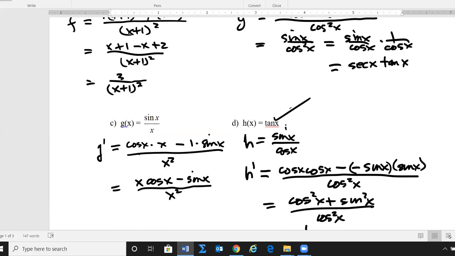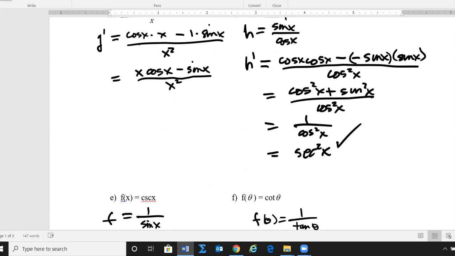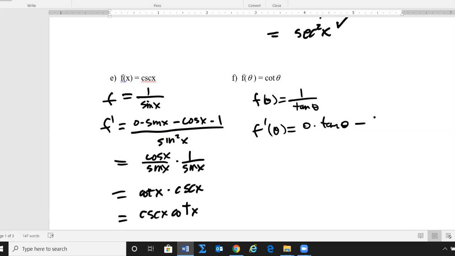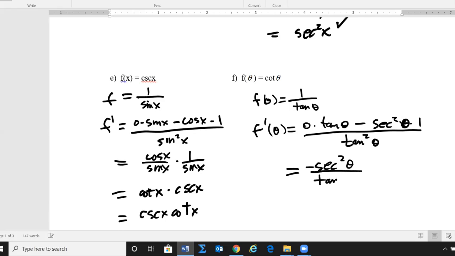Yeah, we did it. It's right there in front of me. The derivative of the tangent would be secant squared times the numerator, all over the denominator squared. And this is theta, sorry. So that is just minus secant squared over the tangent squared theta.